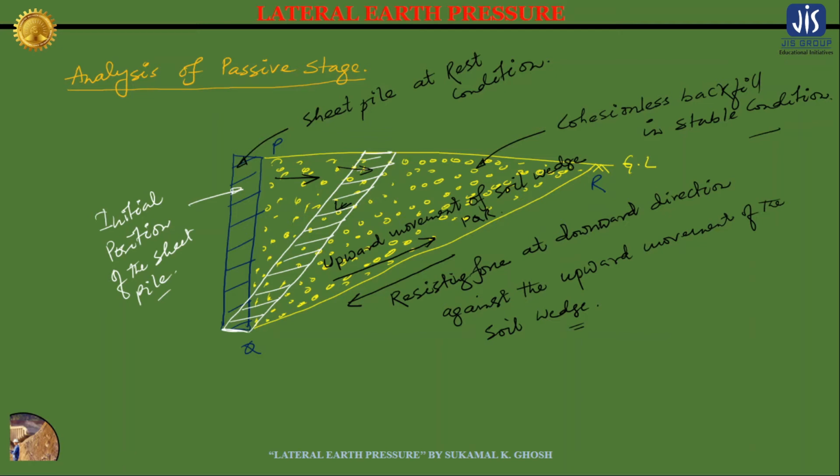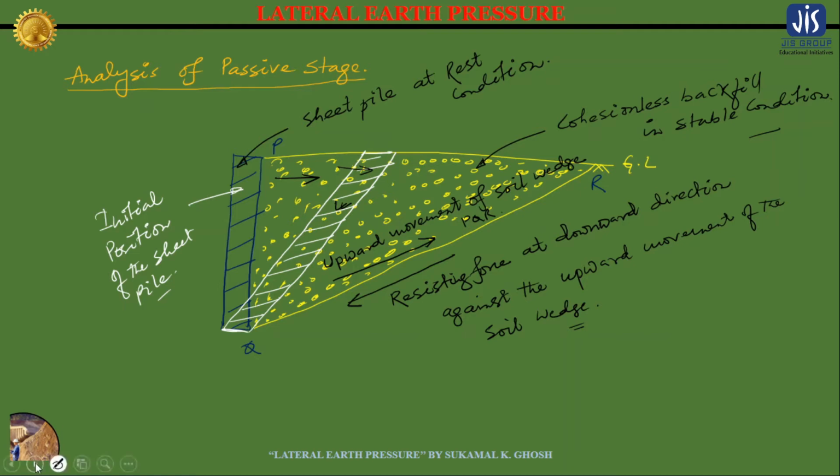But in the analysis of this passive stage, the movement of the soil wedge is in upward direction because the sheet pile is going towards the backfill. Okay, and it is trying to compact the soil, and that is why for this analysis of passive stage, the resisting shearing force is acting in downward direction.